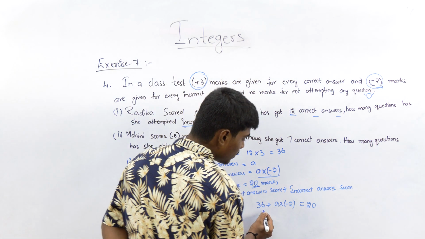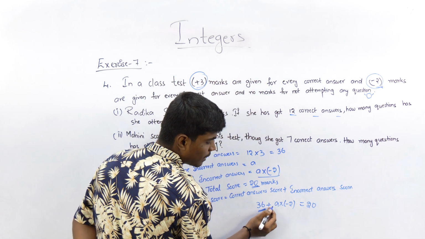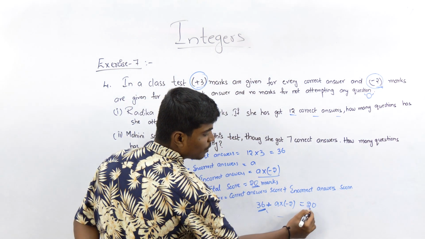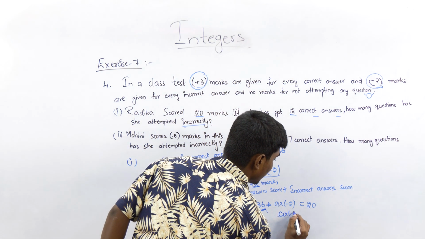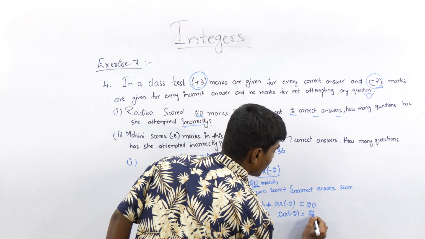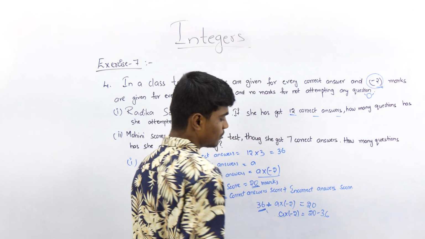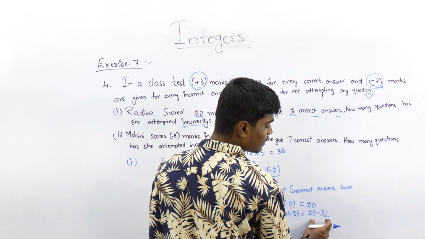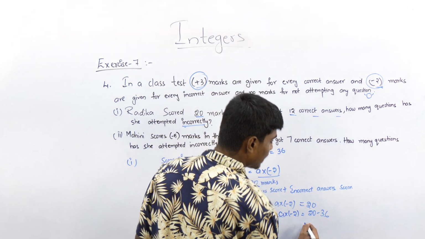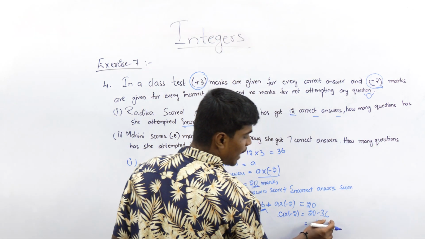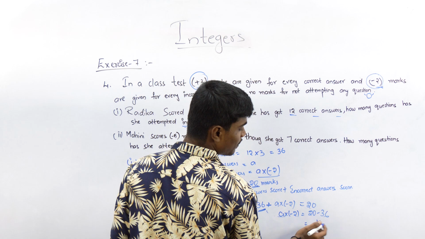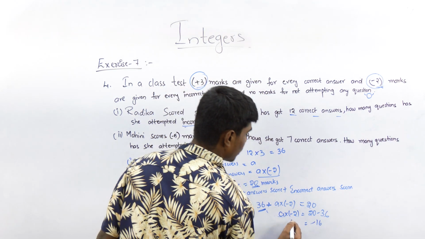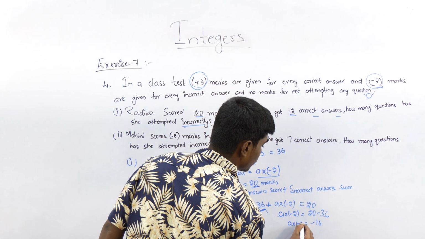See here, 36 is adding this side. If we move to the right side, it will subtract. So A into -2 is equal to 20 minus 36. See, 20 minus 36. 36 minus 20 is 16, and the greater number is 36, and the sign of the greater number is minus. So minus 16.